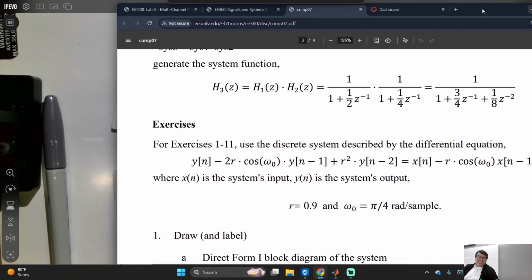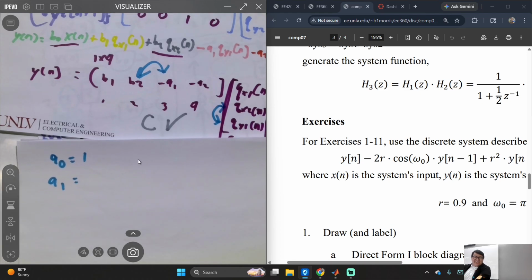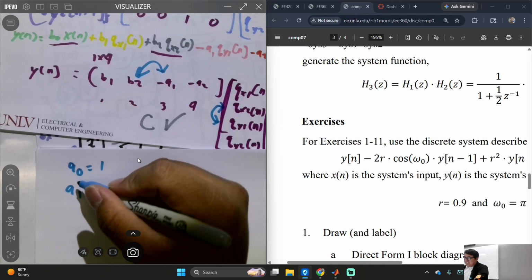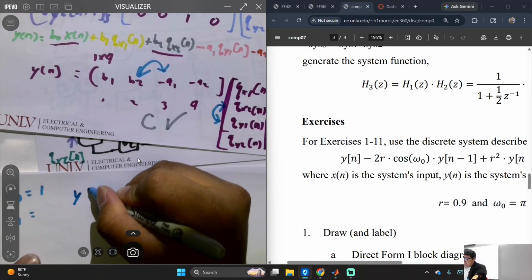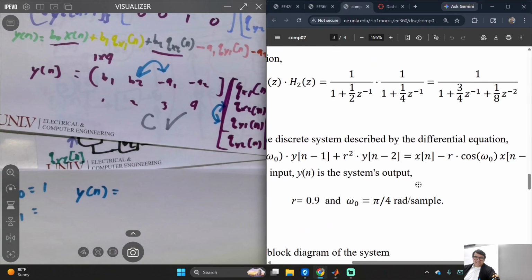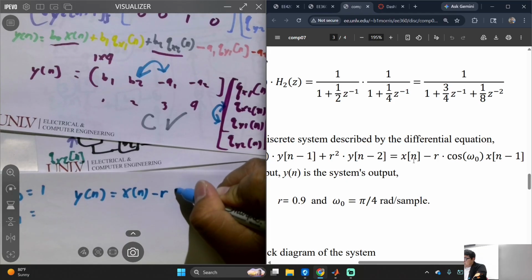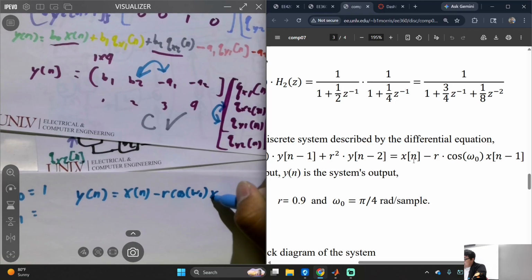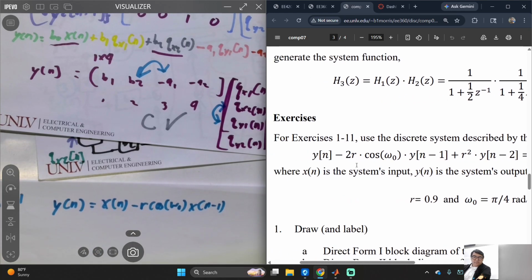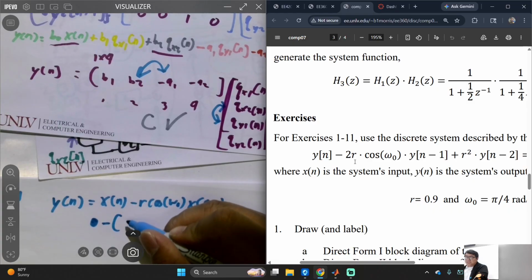Okay, help me out. I need to think. Suppose A0 is equal to 1, A1 is equal to, help me, because I can't think right now, I'm just blanked out. y[n] is equal to x[n] minus r cosine omega naught x[n minus 1], and then minus parentheses.